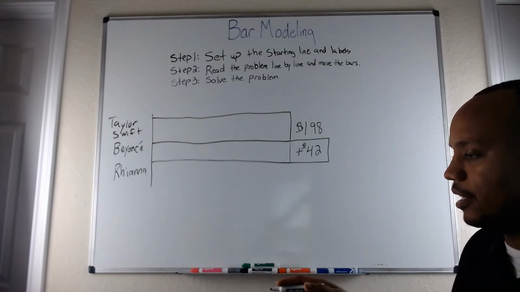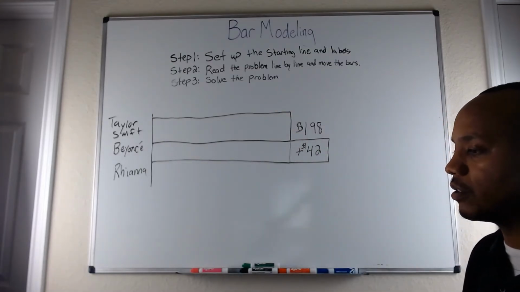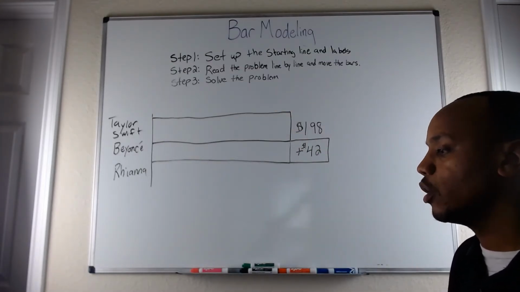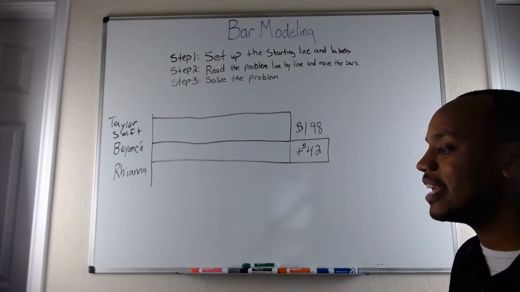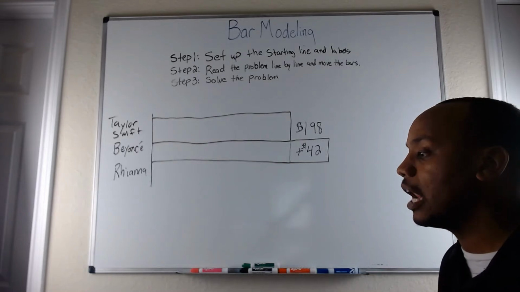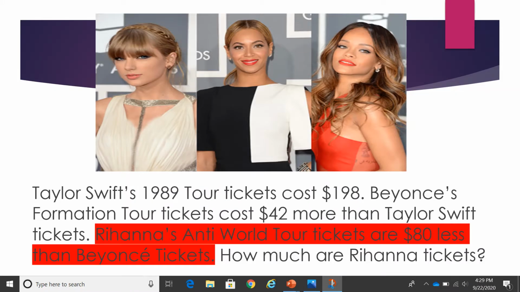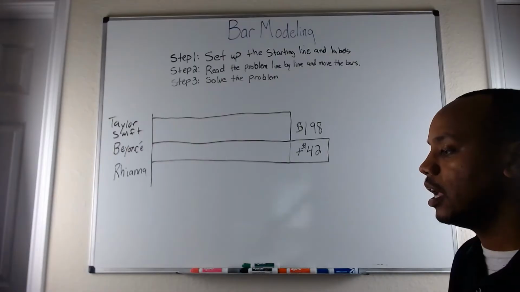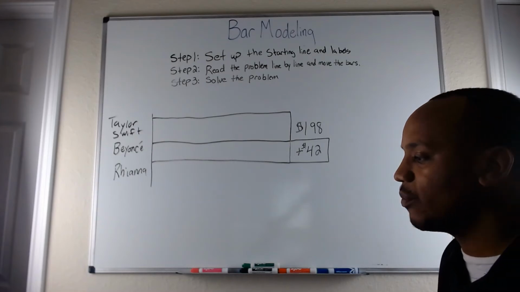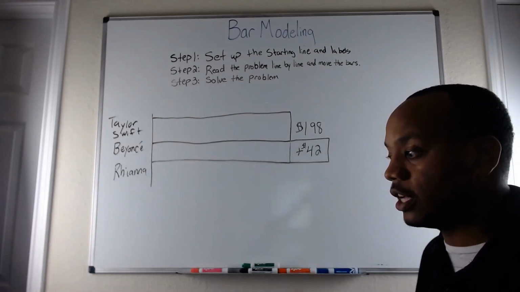The third line, again, we're on step 2. Read the problem line by line and move the bars. The third line says Rihanna's Anti world tour tickets cost $80 less than Beyonce's tickets. And again, it doesn't say Rihanna's tickets are $80. So you're not going to draw a bar and say $80, that's Rihanna's.